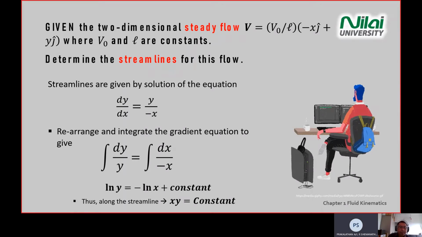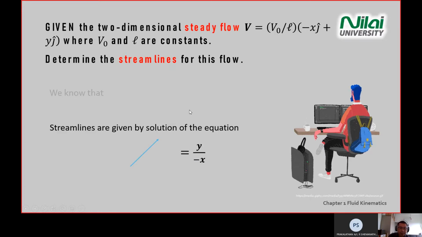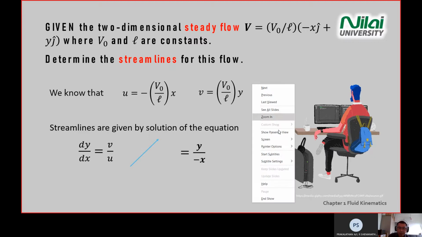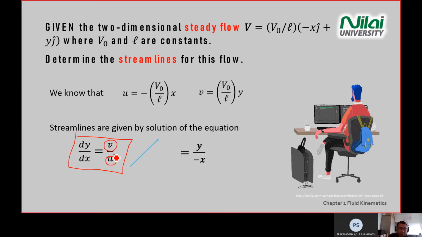Now, the procedure for drawing out the streamline is actually simple. It always starts with dy dx. Always remember these steps. It's standard already. Then substitute whatever for u and v, because in exam or in your real work scenario, the equation for your vector field will change.